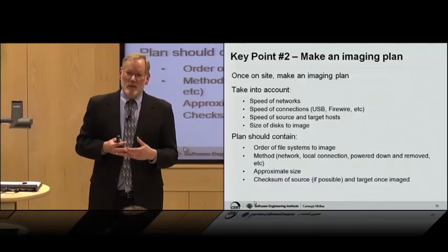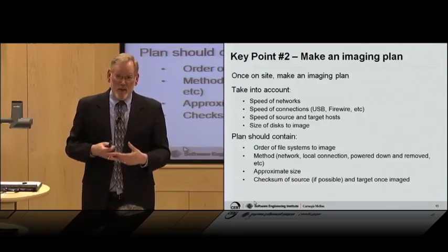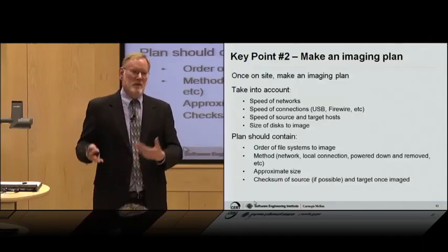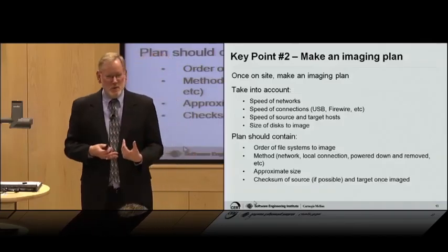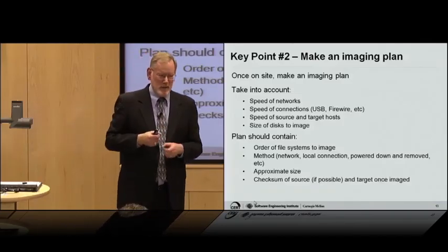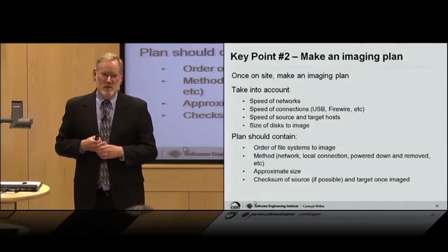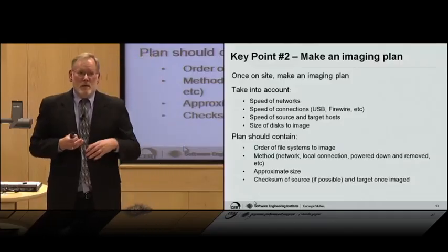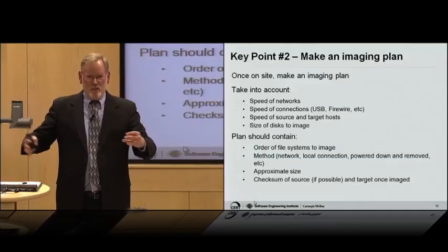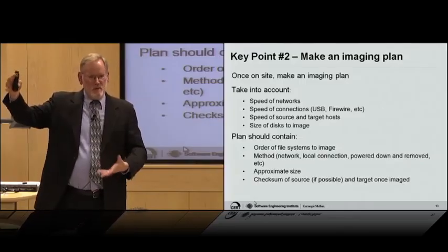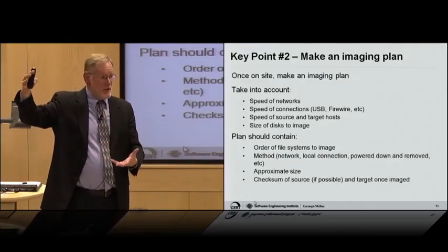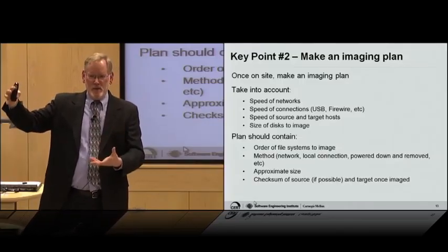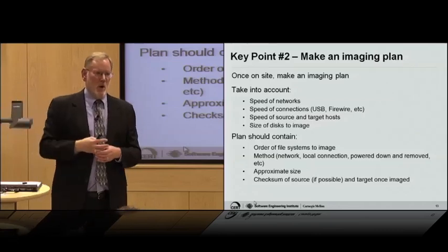That didn't work. We would have been retired by the time the imaging process finished. So we went to a second approach, where we turned things down, started pulling disks and using hardware imagers. You need to figure out all these things and make that plan. So at the end of a period of time, you have a plan as to what you're going to image, how you're going to image it, and then you assign your staff to go off and do that.